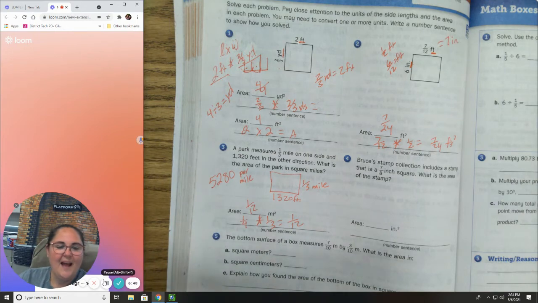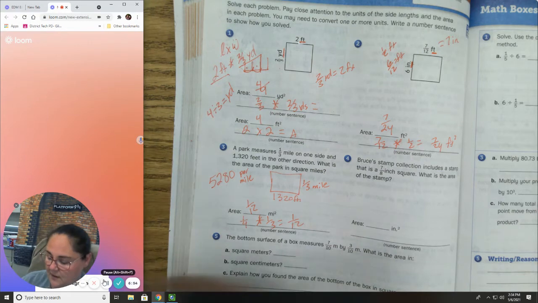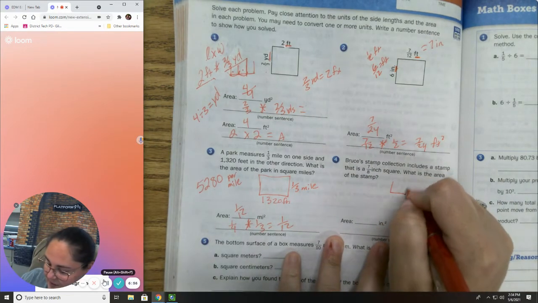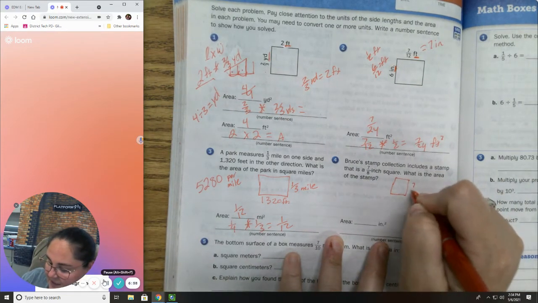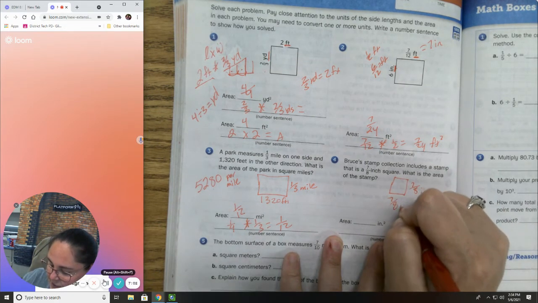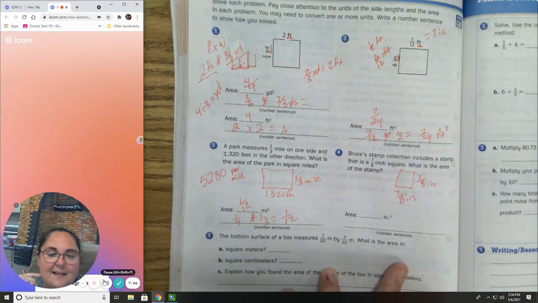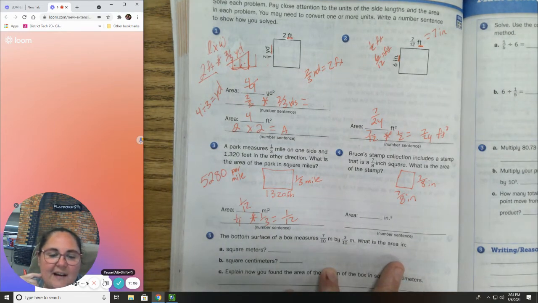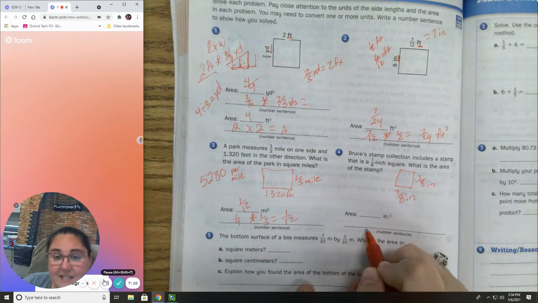Awesome. All right, number 4, Bruce's stamp collection includes a stamp that is 7/8 inches square. Okay, I'm a picture person. I'm going to draw it. Here's my square. 7/8 of an inch by 7/8 of an inch. What is the area of the stamp? Start with our number sentence. I'm going to do length times width.